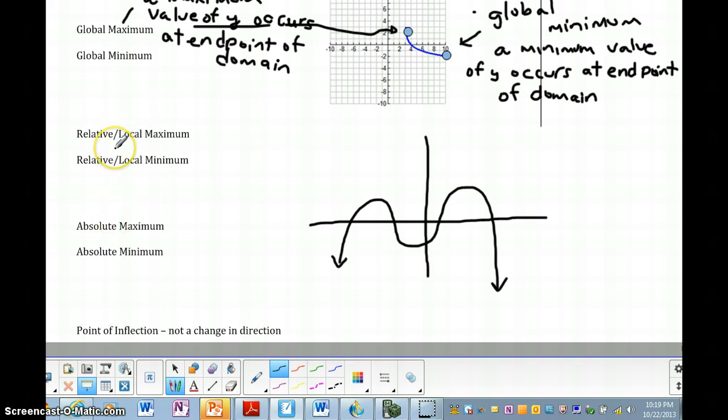Our relative and local maximum are just that. They are maximum points or minimum points relative to the points around them. In this case, within our domain here, we do not have an absolute minimum because both of our ends are going down to negative infinity. So in this graph, there will not be an absolute minimum.